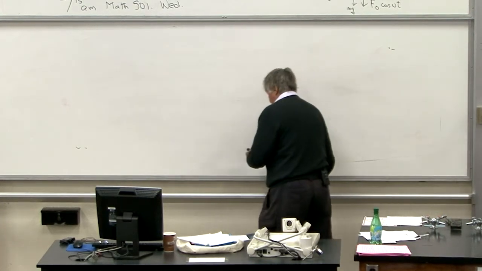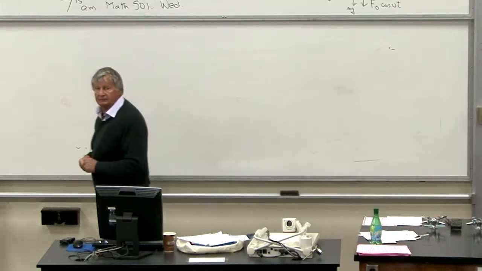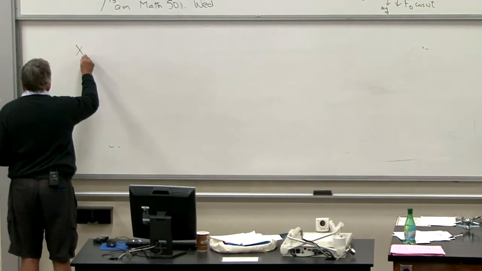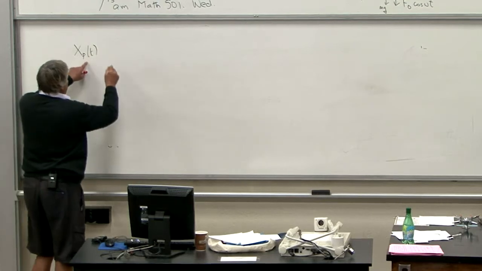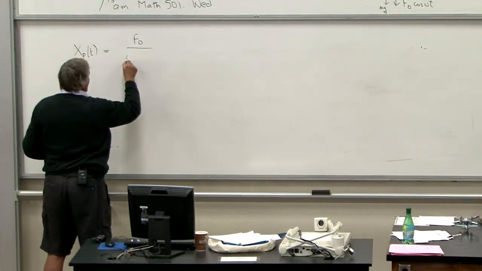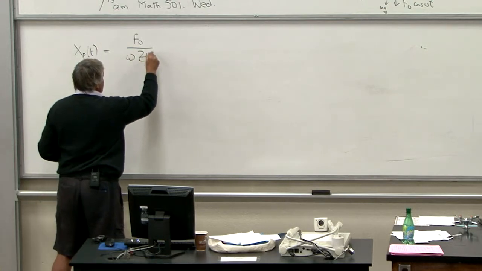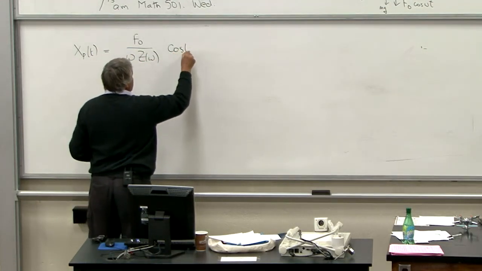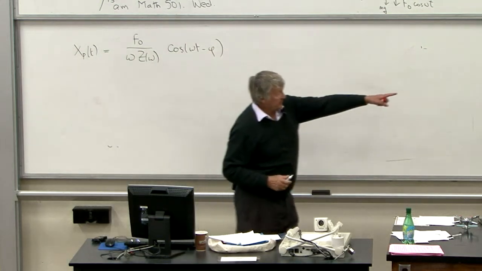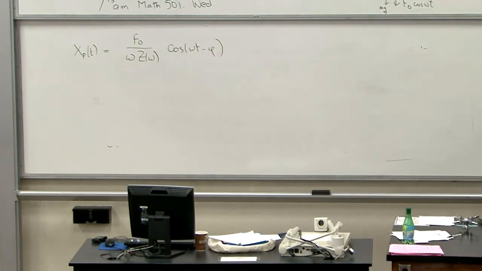Okay, so the surviving, the asymptotic or the long time surviving part, x_p(t), this is the displacement now. This is f0 over omega of Z(omega) times cos(omega t minus phi), where Z(omega) is given by this expression and the cos and the sine are given by these expressions.